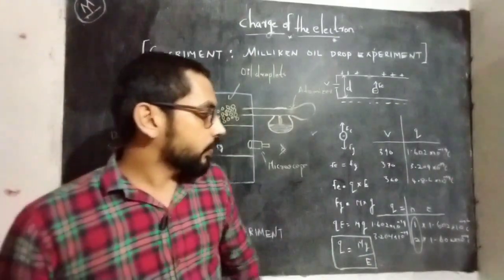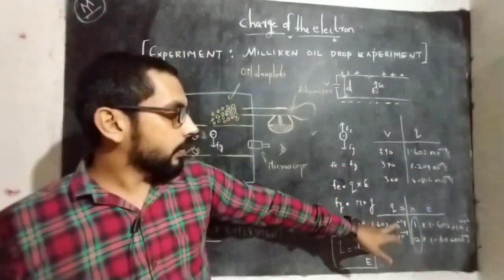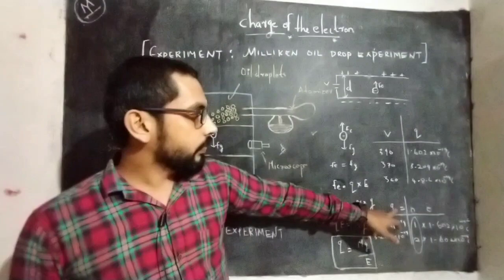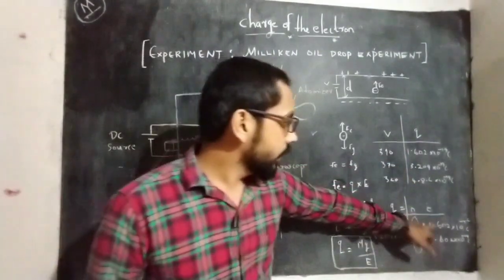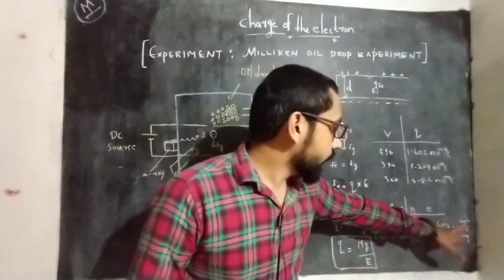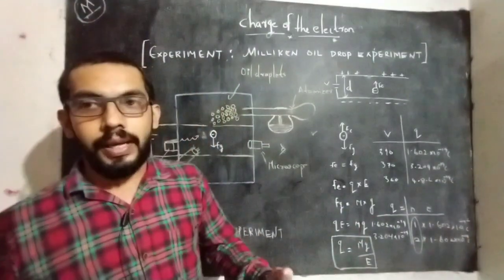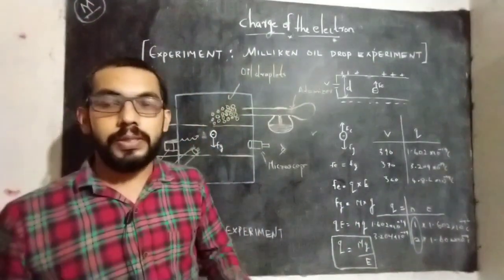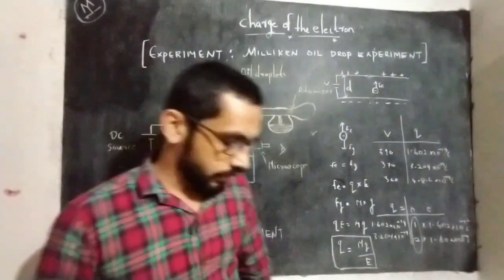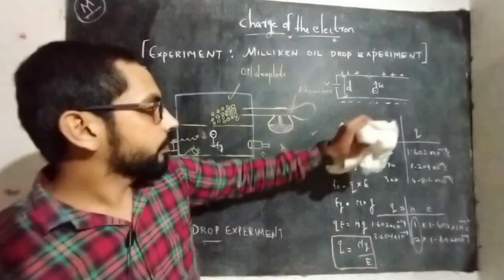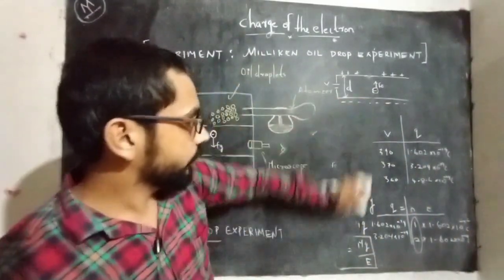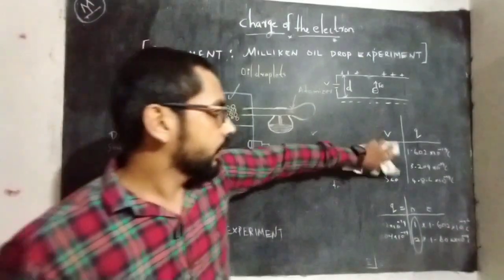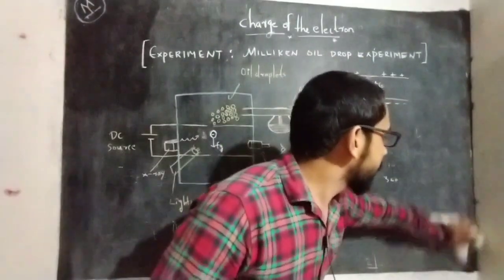Yes. So we know the value of E, 1.602 into 10 raised to minus 19 coulomb, and we also know the E by M ratio, the charge to mass ratio. From both values we can determine the mass of an electron.